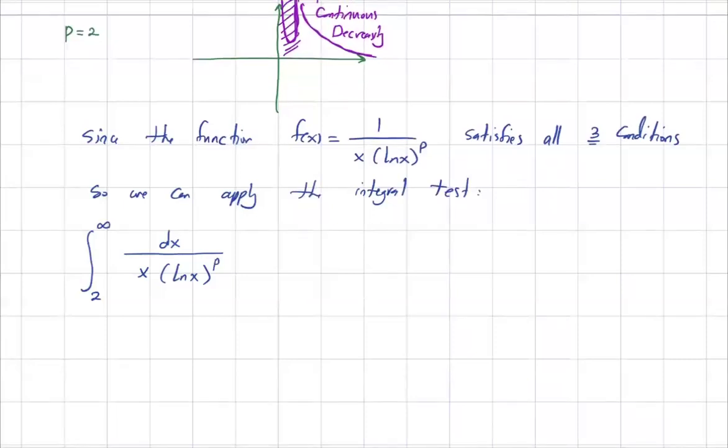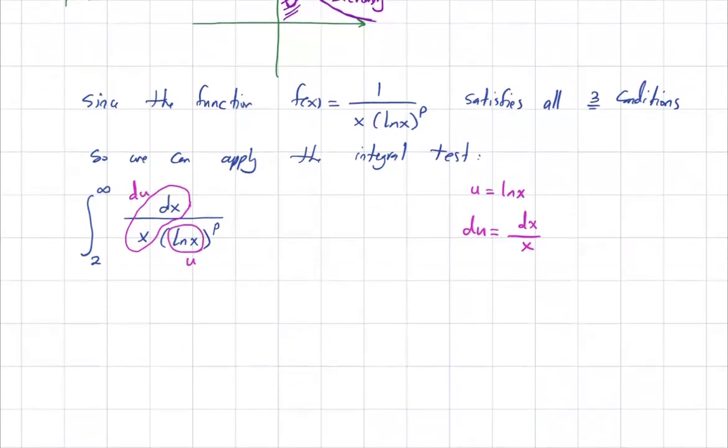This is a very simple method to calculate the integral. Why is that? If you take u to be ln of x, you already have du, which is dx divided by x. You already have your du here, and this is your u. So this integral in turn can be written as the integral of du divided by u to the power p.